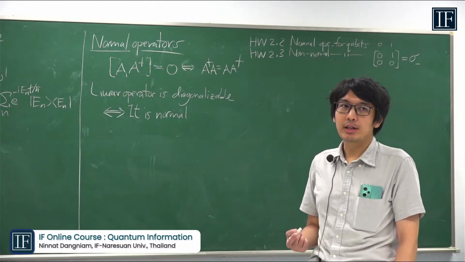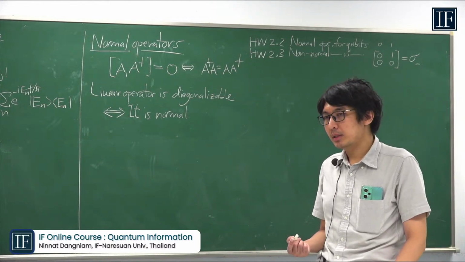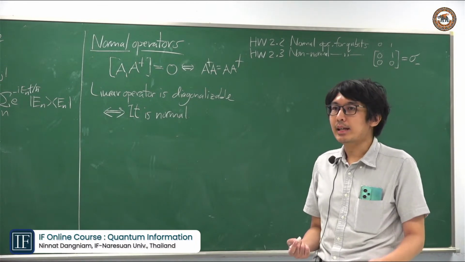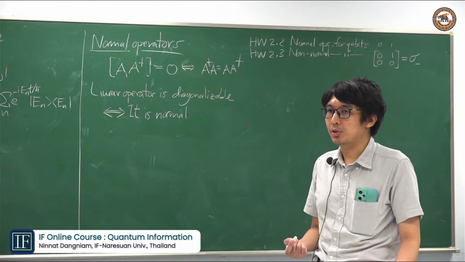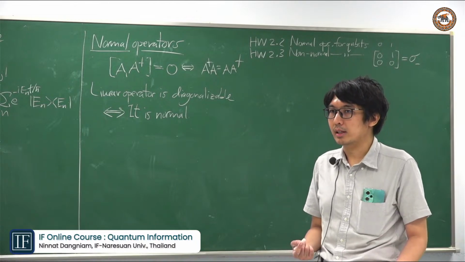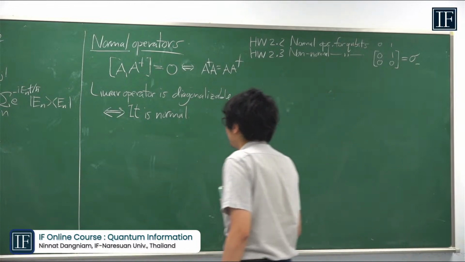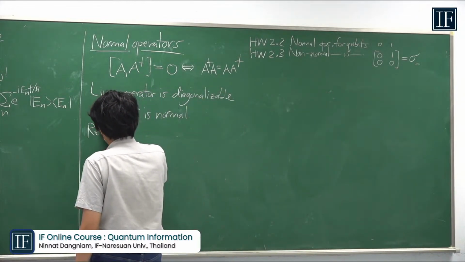For example, if you already assume that Hermitian operators are diagonalizable, then it's not so hard to show that normal operators are diagonalizable as well. So maybe a remark.